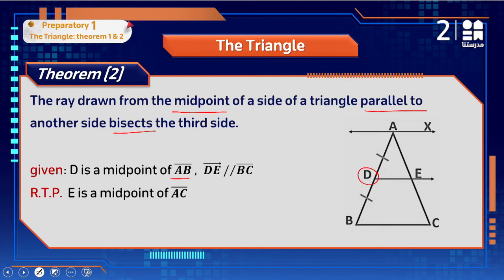Then DE is parallel to BC. They are parallel. Can put arrow to be clear for us. Then the required to prove is E is a midpoint of AC. How can we prove that?